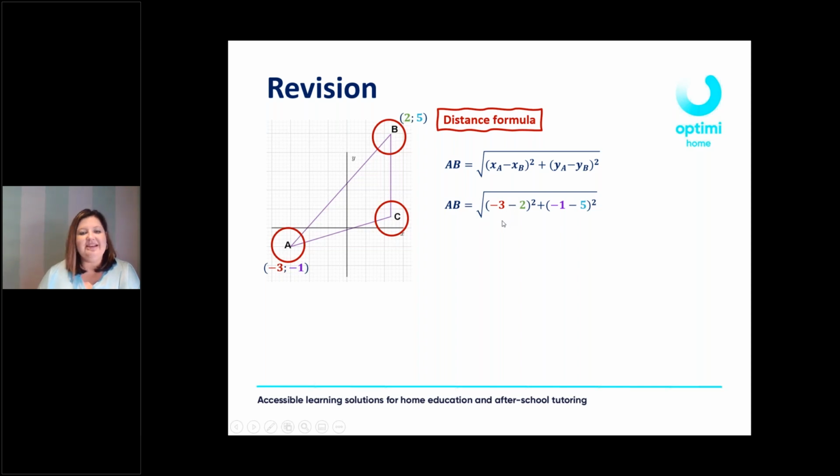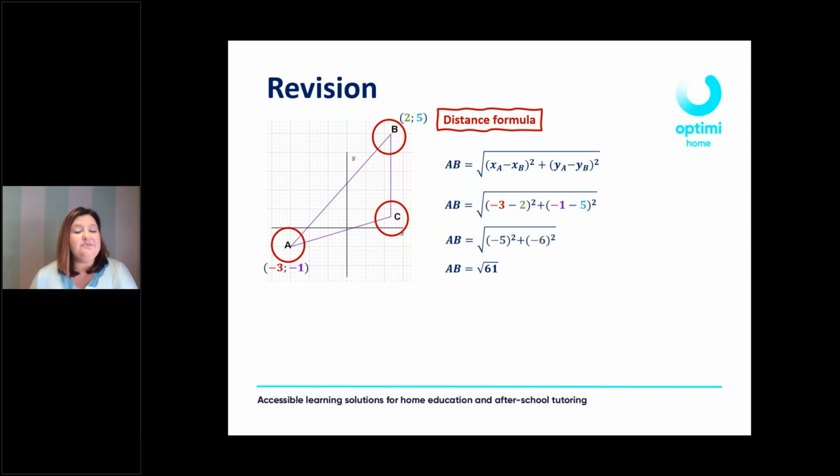So just make a note somewhere, make a knot in your hair or your ear, or have bells ringing when you look at this equation, because there are negative signs over here. So you will just simplify this: -3 minus 2 is -5, -1 minus 5 is -6, and then just get your answer like that.